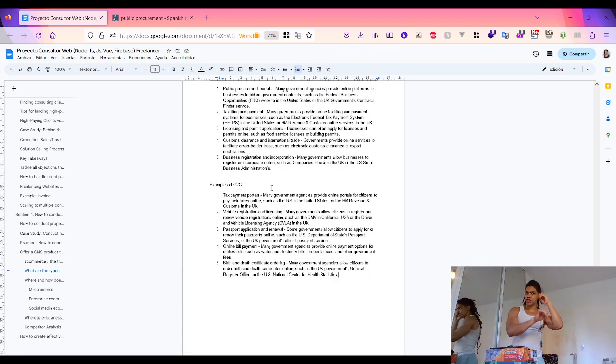And when I look at government to consumers, such as tax payment portals, the government agency provides payment options to allow citizens to pay taxes, like the IRS, the Internal Revenue Service in the US, or HM Revenue and Customs in the UK.